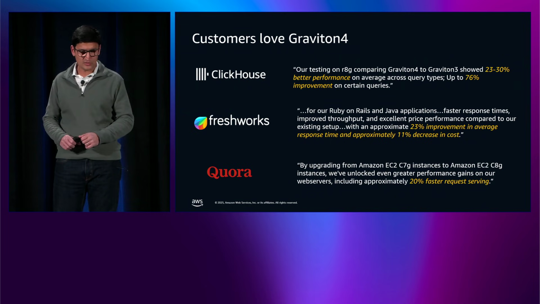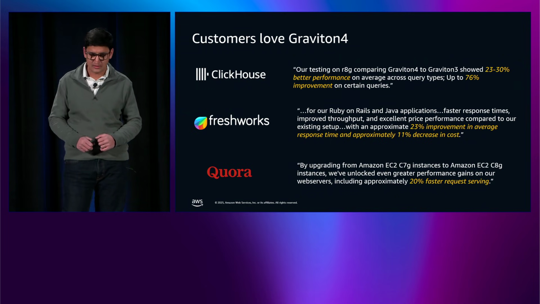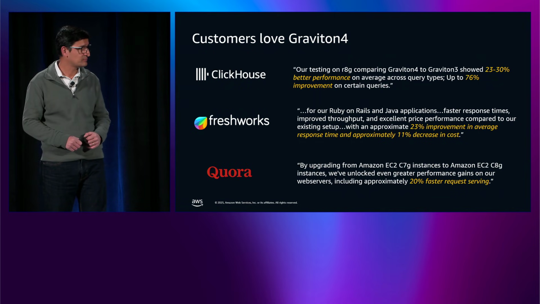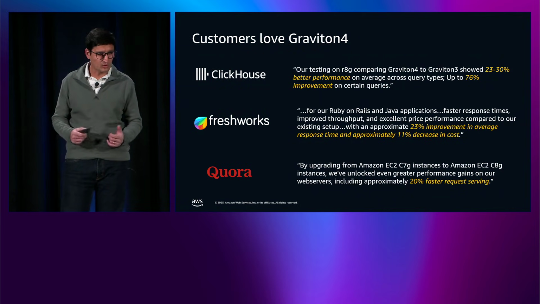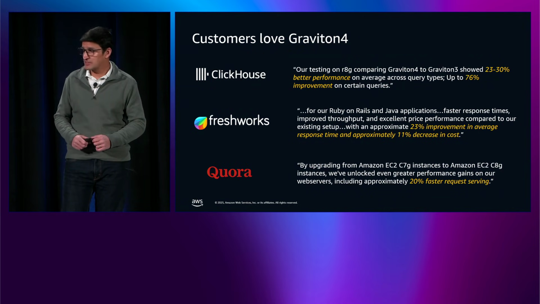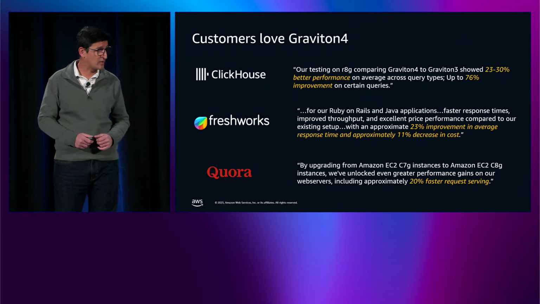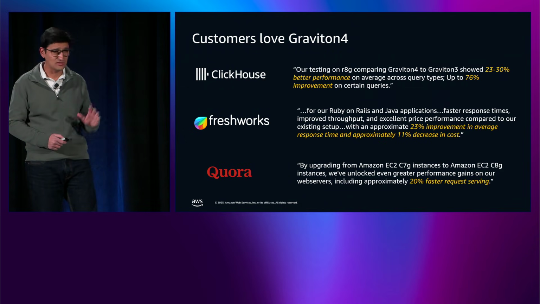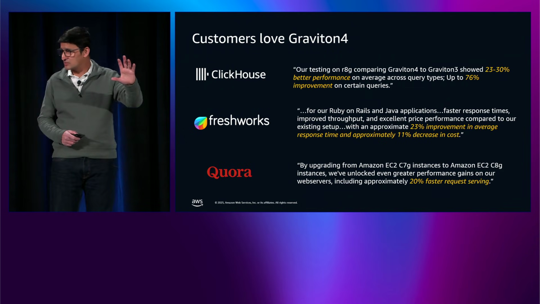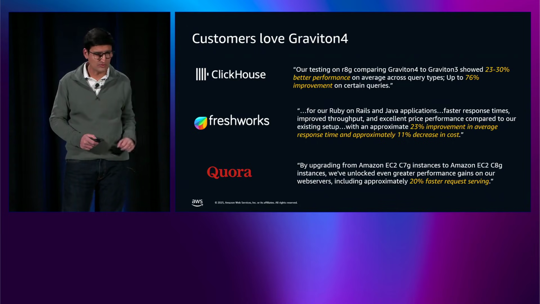Freshworks experienced 23% improvement in average response time. And Quora saw 20% faster performance on their web servers. And this is just a small set of customers that are running their applications on Graviton 4 today.